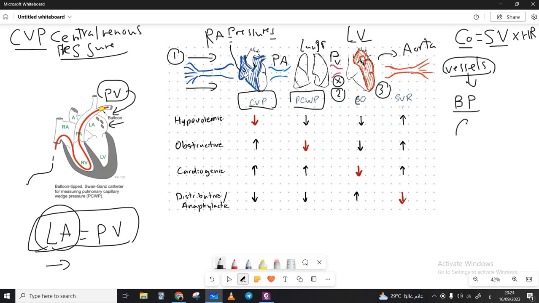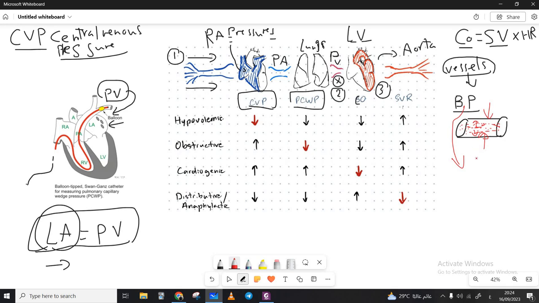The pressure inside a container, or the vessel, is controlled by how much volume of blood you have inside and how much pressure the walls are exerting. So you have two sources of pressure: the blood itself is pushing and the walls are pushing. You have two components, and they control the blood pressure.